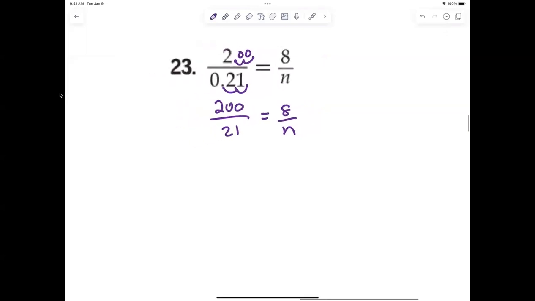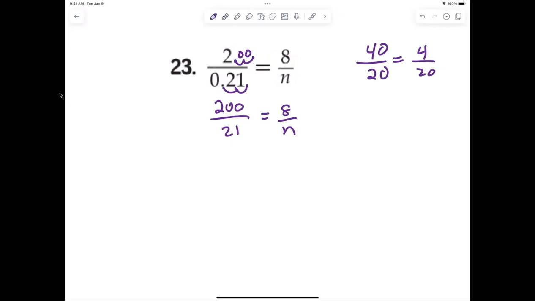I'm not trying to be funny, but if I say 4 over 2, if I say 4 over 20, is that the same thing? No. If you move the decimal over here, you've got to move the decimal over here. You're multiplying the top and bottom by the same number. If you multiply the top and bottom by the same number, the fraction doesn't change.